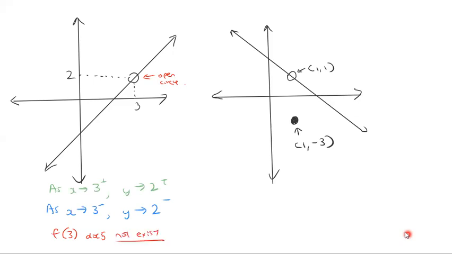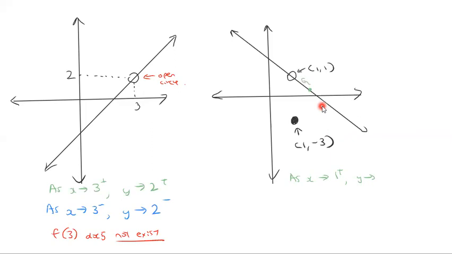And if we take a look at this example here, as x approaches 1 on the positive side, what does y approach? If you're approaching 1 from the positive side, that means you're starting bigger than 1 and you're going left.